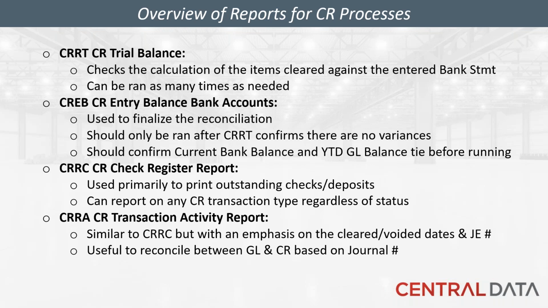So if I do have a variance between my check rec module and my GL balance, and it's not due to any open journals or zero check AP transactions, then I usually run the CRRA and compare that against my bank GL, because I can compare now based on journal number. So you can choose which report you prefer. They both really have kind of the same purpose, just a little bit different information.